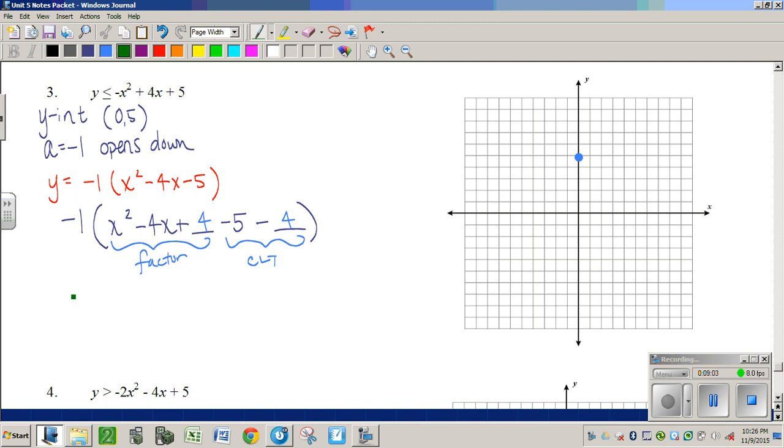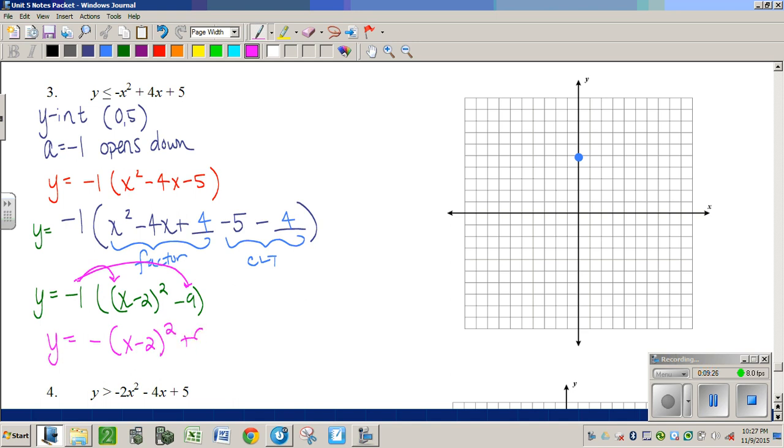So this is going to be y equals negative 1, and then we have x minus 2 squared minus 9. Now we're going to redistribute that negative. So you're going to get y equals negative x minus 2 squared plus 9. So now it's in vertex form, so now you go ahead and give me the vertex.